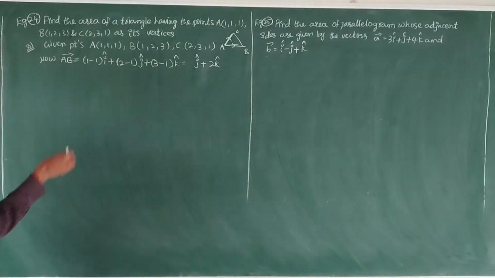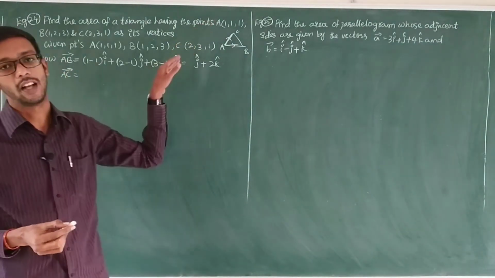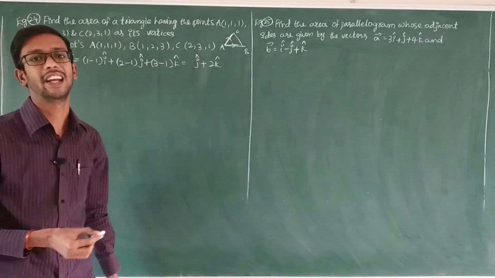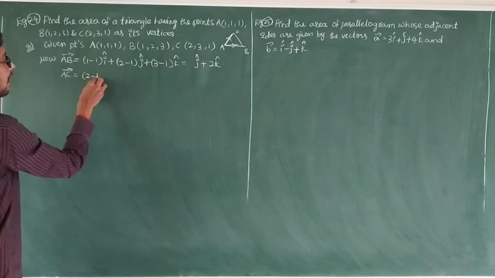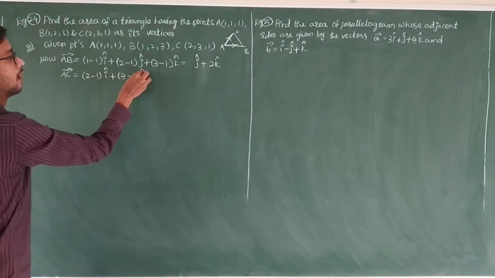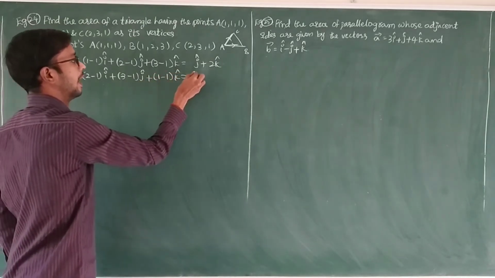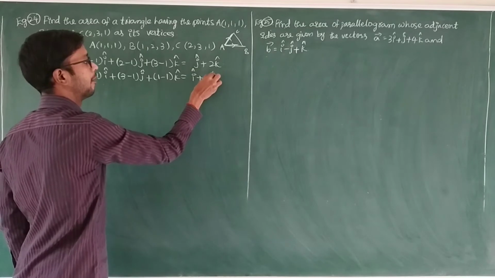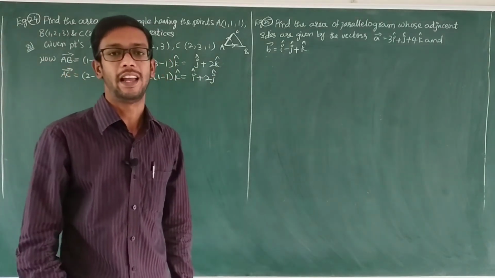Next, AC bar, the other vector of the two adjacent sides. AC bar is equal to 2 minus 1 i cap, 3 minus 1 j cap, 1 minus 1 k cap. So i cap plus 2j cap is the AC vector.